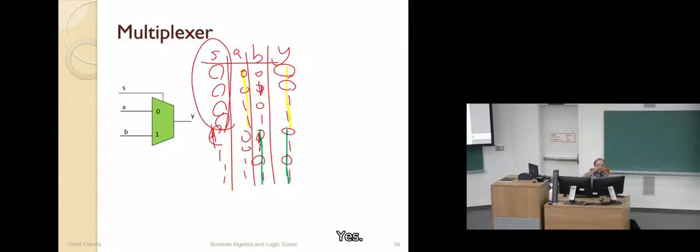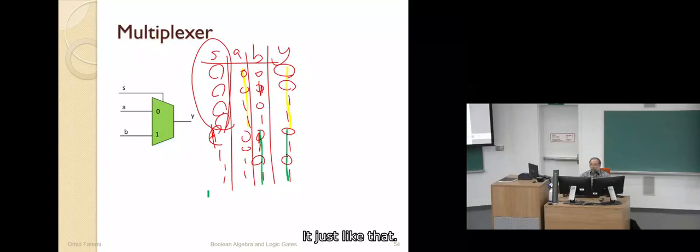So in the S column, when you have 0 and 1, those correspond to rows 0 to 7. It's not saying if 0, choose this value.